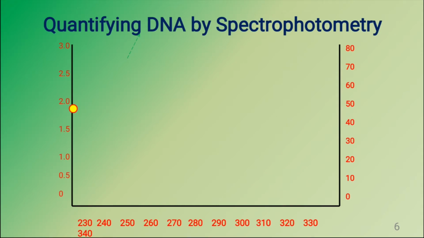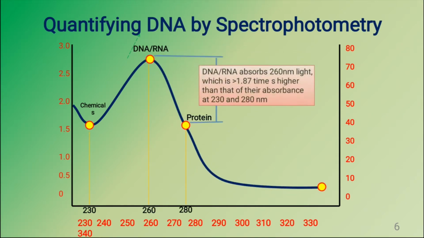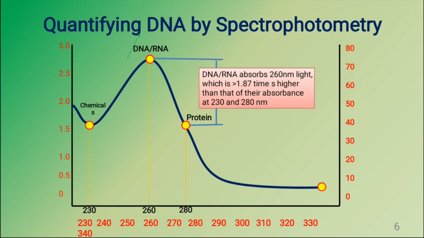When we check the absorbance capacity of DNA under UV light at different wavelengths, the DNA molecule absorbs a high quantity of light at 260 nanometer compared to other wavelengths, and the capacity to absorb light at 260 nanometer by nucleic acid is 1.8 times higher than its 230 nanometer light absorbance and 280 nanometer light absorbance. So this criteria are considered while quantifying the DNA concentration.